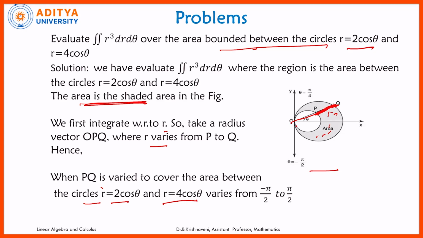To cover the entire area, this strip needs to travel from this point to this point, which means the limits of θ will be from −π/2 to π/2. So those are the limits.